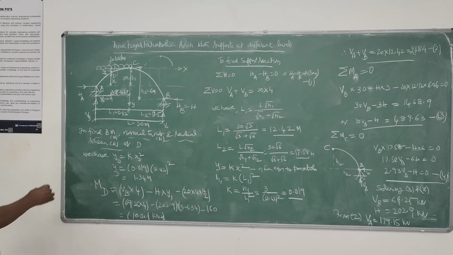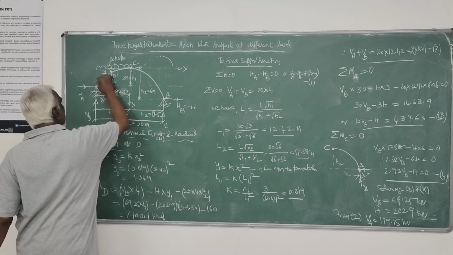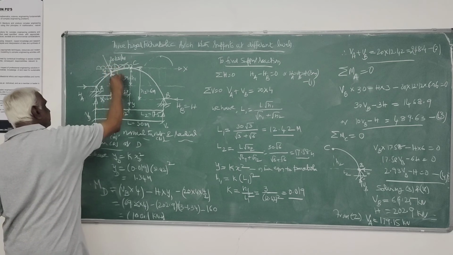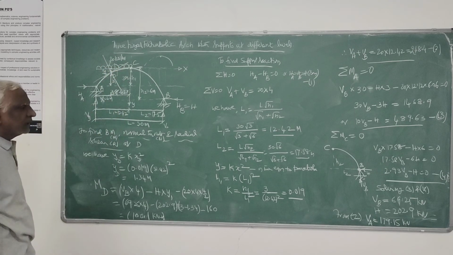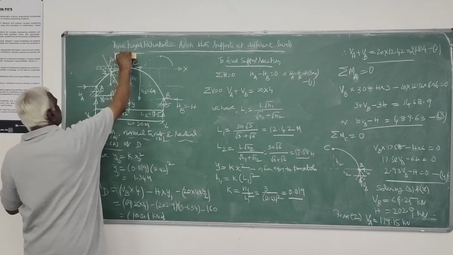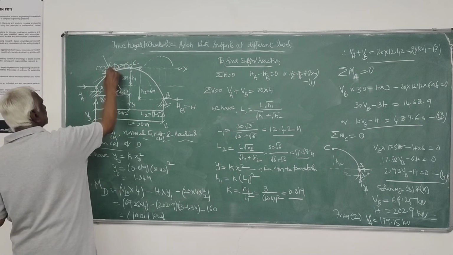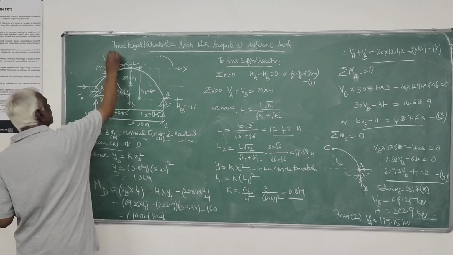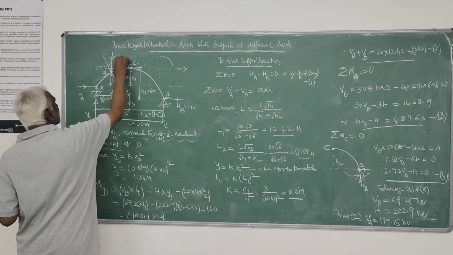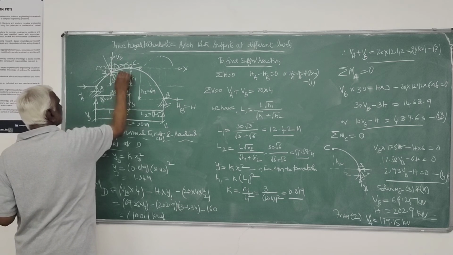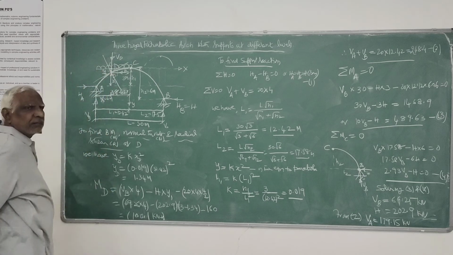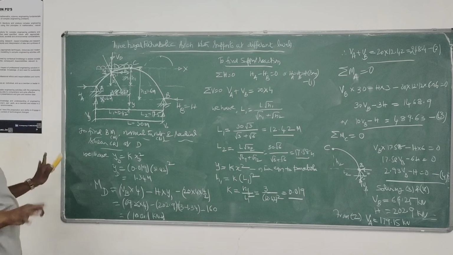For normal thrust and radial shear, here you have to draw a tangent and draw a normal. Along that, we have to consider the free body diagram towards the left or right. Towards the left I will take. Here you get VD and here you get HD, the two reactions for this portion, to be in equilibrium.